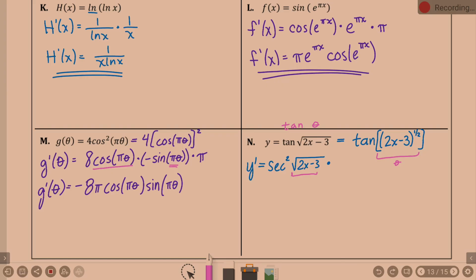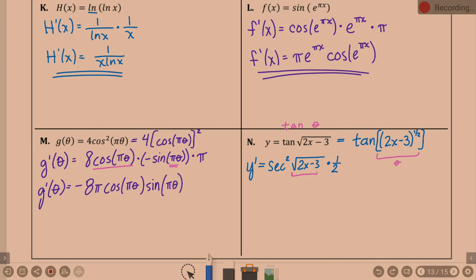So derivative of the square root of 2x minus 3. We didn't change to x to the negative 1/2. Okay, so if we're doing the derivative here of 2x minus 3 to the 1/2, right now we're doing the derivative of something to the 1/2 power.